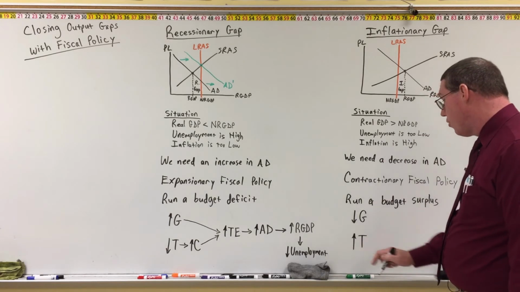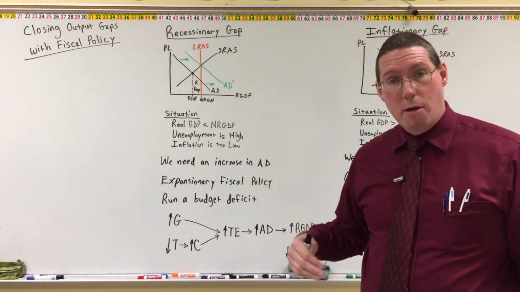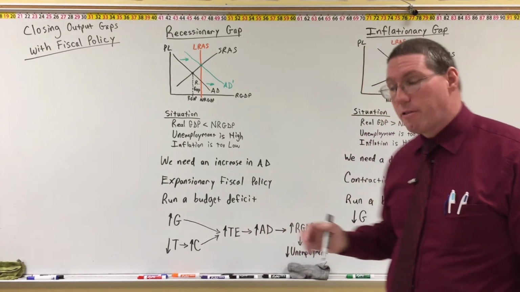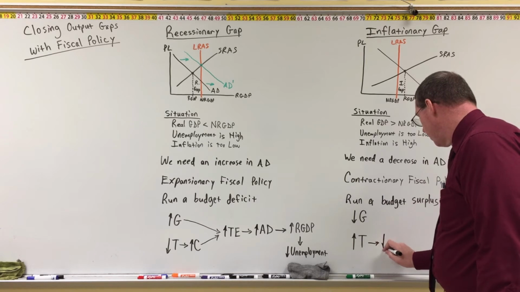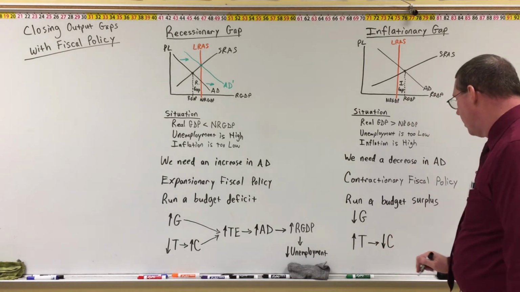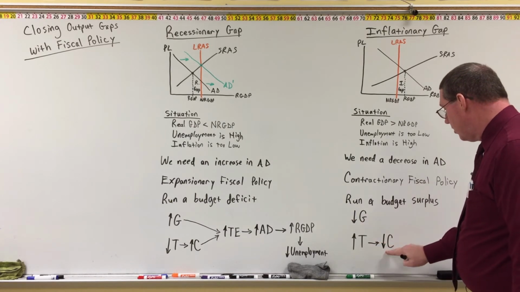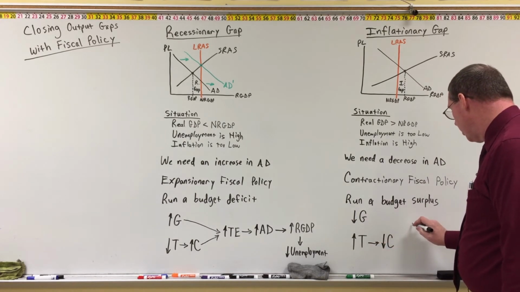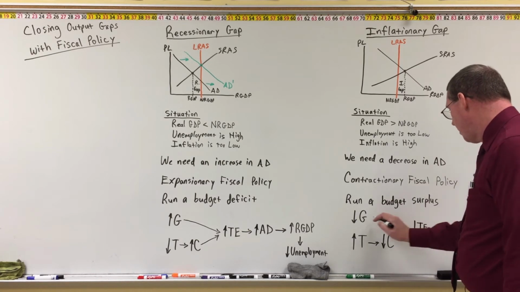Now remember an increase in taxes means that people will have less money in their bank account. That means households can't spend as much money. That's going to result in a decrease in consumption. And a decrease in government spending along with a decrease in consumption, well, that's ultimately going to result in a decrease in total expenditure in the economy.